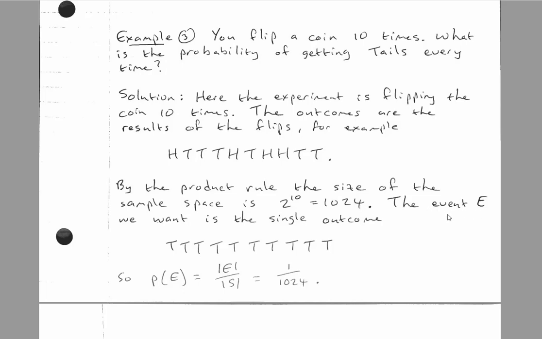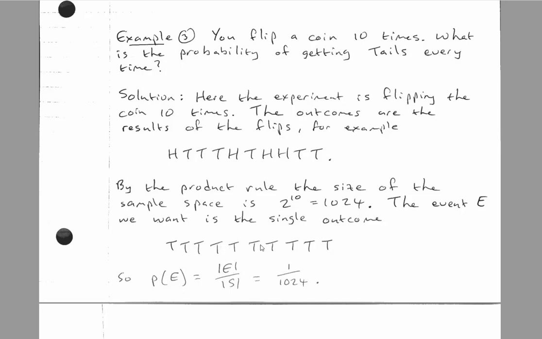So what's the event E for this question? Well, we're interested in the case where we get tails for every flip, so 10 T's. How many ways can that happen? Well, this is just one of these 1024 outcomes.